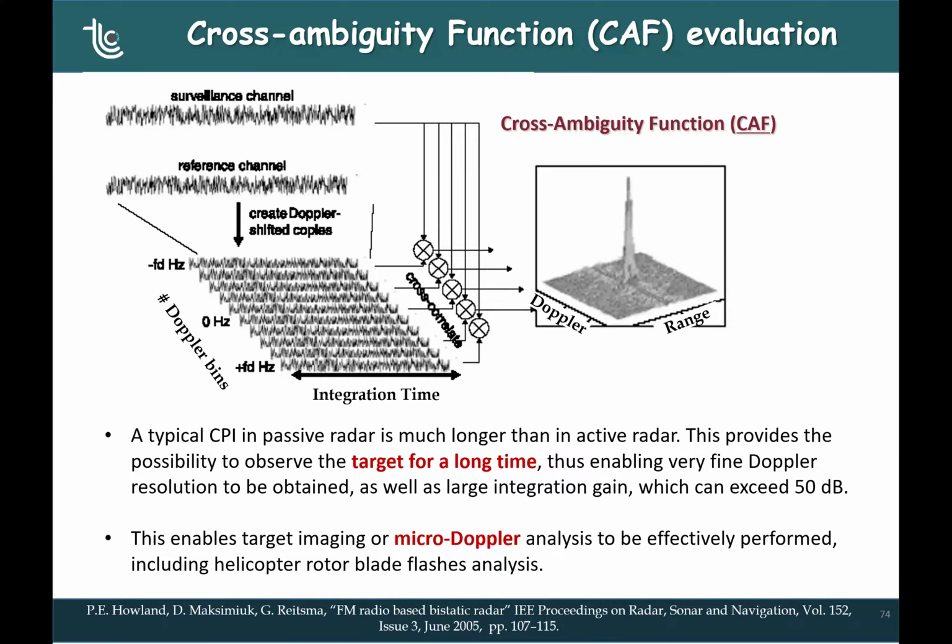So the typical CPI, the coherent processing interval, in a passive radar is much longer than in active radars. So we observe the target for a long time. And in this way, we have a very fine Doppler resolution. We have seen that in some systems, the integration time is even some seconds long.